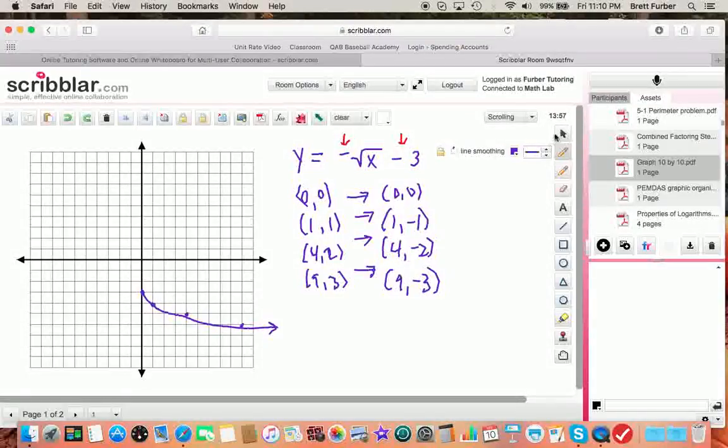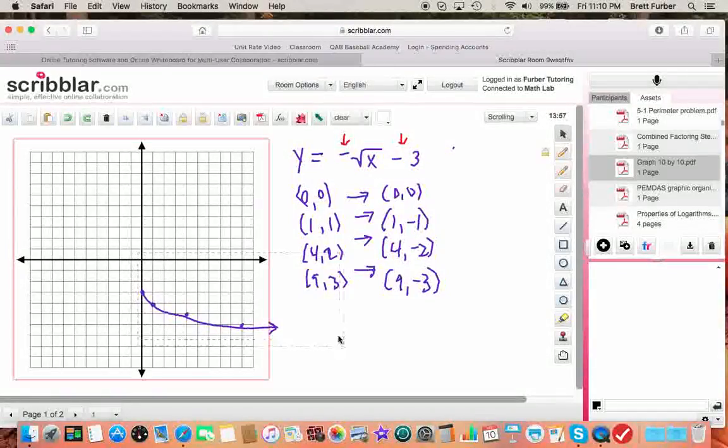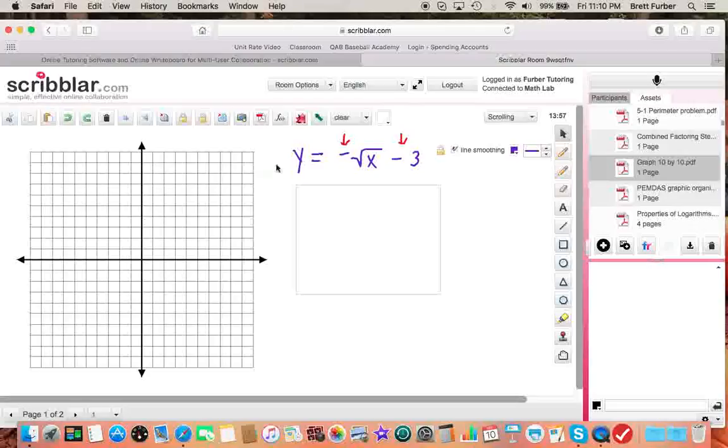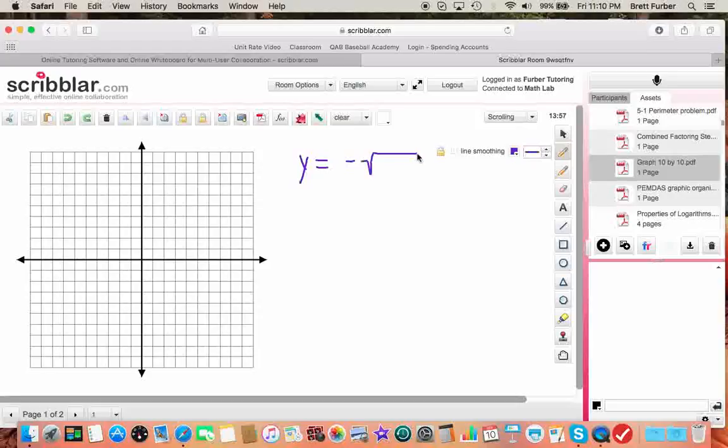Okay, let's do another one. So let's do one that has a horizontal shift. Okay.